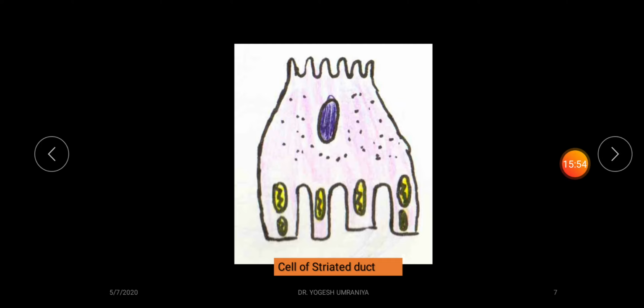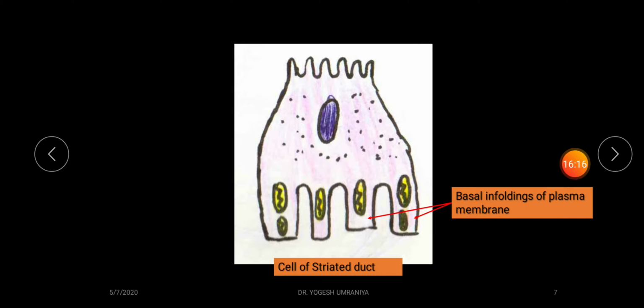We are going to understand why this duct is known as the striated duct. Now in this cell, at the top level is the luminal aspect of the cell, and this is the basal aspect. On the basal aspect you can see foldings of the plasma membrane, basal foldings of the plasma membrane, that you can see here. Now within the folds there is placement of mitochondria.